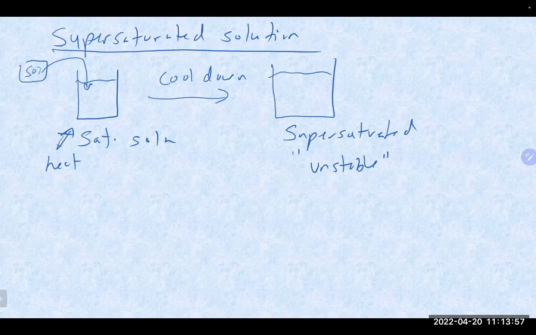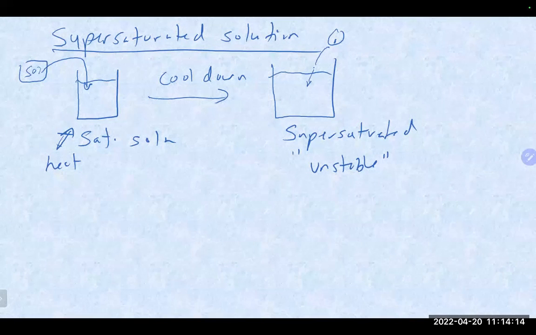It is so unstable that if you just took a speck, that big of a speck, of whatever you dissolved in it and dropped it in, that is enough for it to go, whoa, that's too much dissolved.